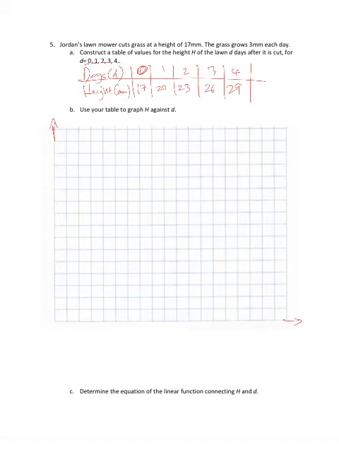No. The number of days that the grass is left is causing the height to change. So the days is the independent variable, goes on the x-axis, and the dependent variable is the height in millimeters, because that's the thing that changes depending on how many days you have left it.